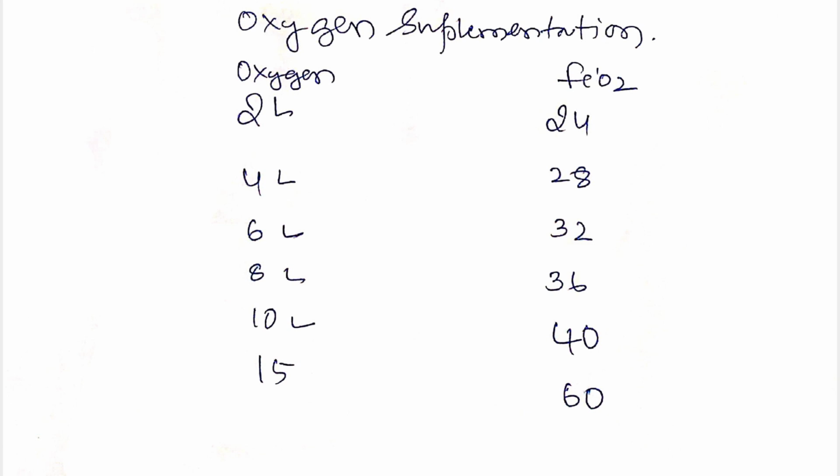If I give 6 liters of oxygen per minute, it gives 32%. If I give 10 liters, I can make 40% FiO2. If I give 15 liters of oxygen, I can get up to 60% FiO2. If I use the bag and mask, I can raise it to 80 to 100% FiO2.